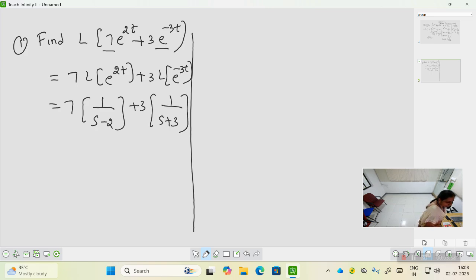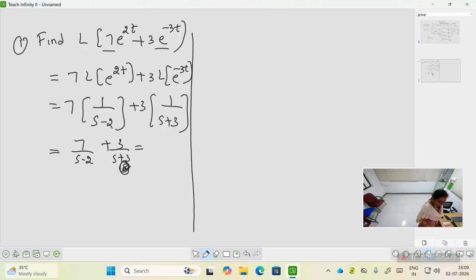Remember, whenever we apply the Laplace transformation, the output will be in terms of s only. S is a dummy variable. Whatever you supply, the output should be in terms of s. So it is 7 by s minus 2 plus 3 by s plus 3.